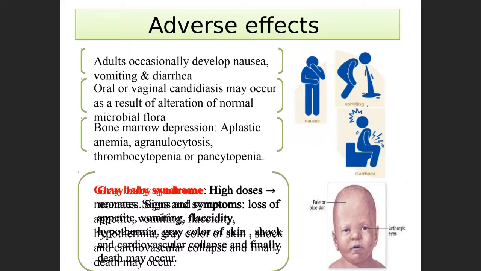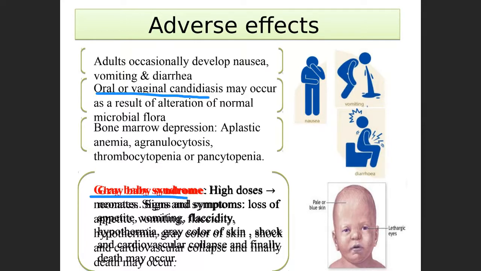Now, what are the toxicities? We are concerned about the toxicity. The most important toxicity which you might remember is the gray baby syndrome. So this is the chloramphenicol which we had studied in the first semester about the gray baby syndrome. And apart from that, nausea, vomiting, diarrhea can be seen, and oral and vaginal candidiasis will be seen because of the change in the normal bacterial flora of the body.